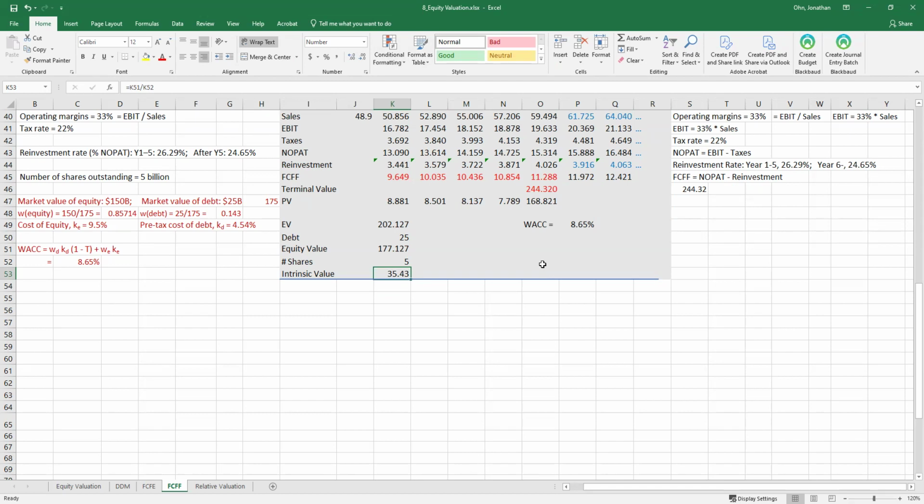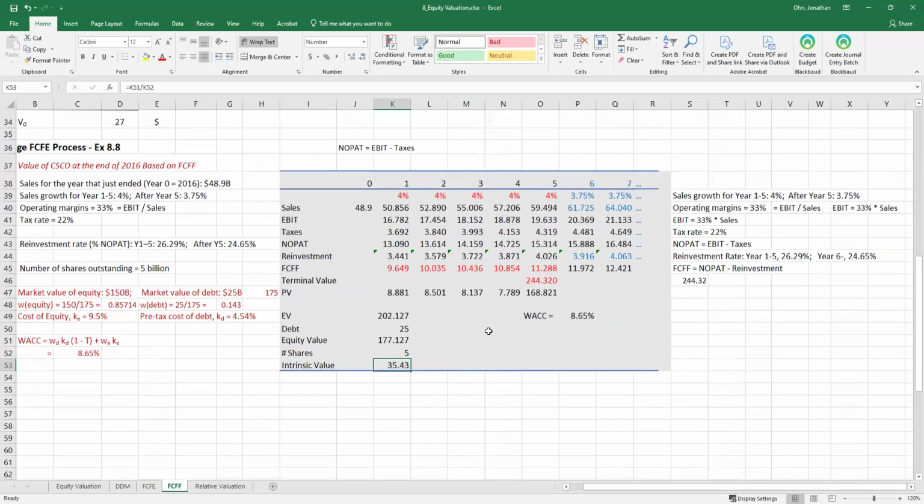It is our common stock intrinsic value, right? It's quite neat, right? Complicated, but if you follow the steps, it's neat. So it is the theoretical intrinsic value of the Cisco common stock, all right?